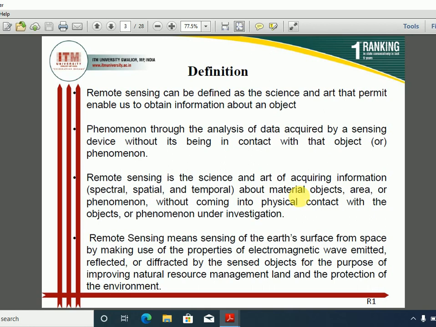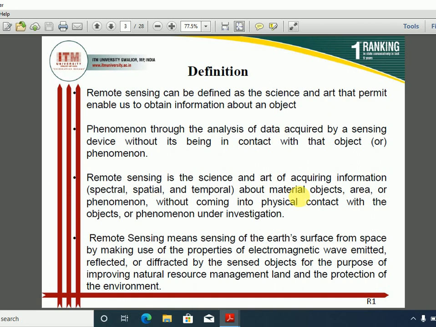So what is remote sensing? This is the question. Remote sensing is basically made up of two words. One is remote and the second one is sensing. So to sense an object which is very far away from us is considered to be remote sensing. The remote sensing technique gives us the idea about a particular object related to its spectral, spatial and temporal features.